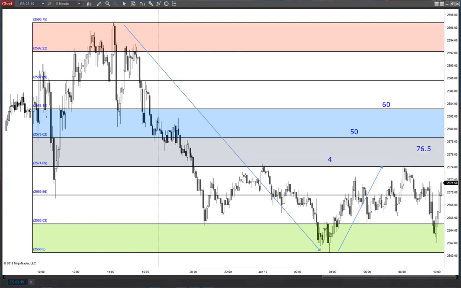That's the half gap. And this will start to approach that 78 area, which we have suggested may become a very important idea today. We already know that the 68.5 is important because it's yesterday's low.